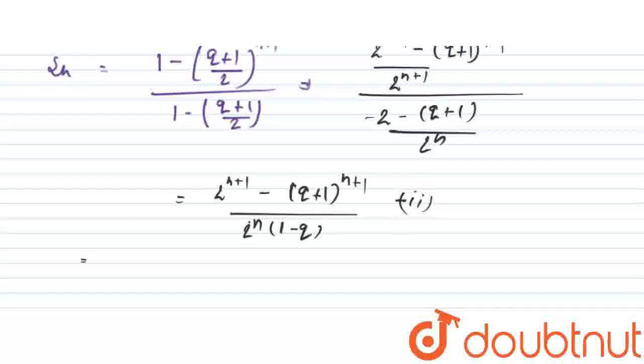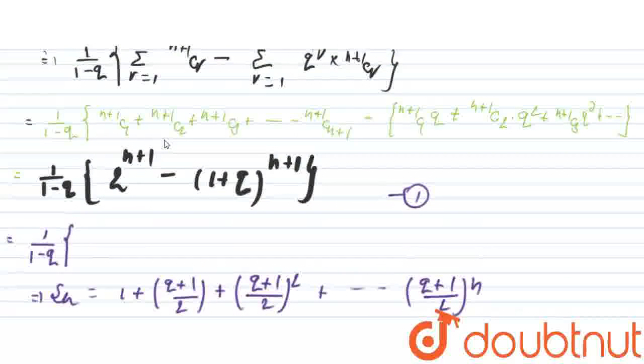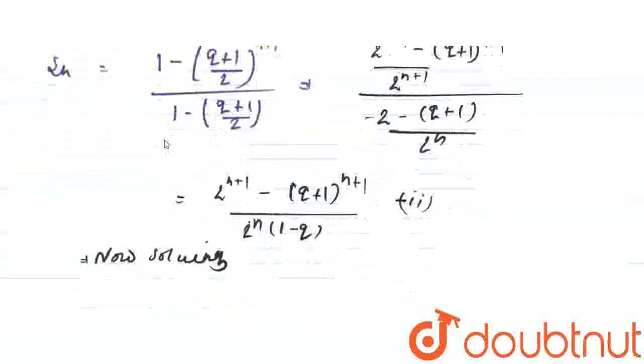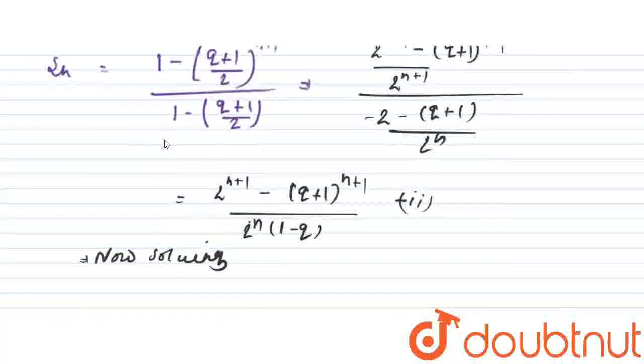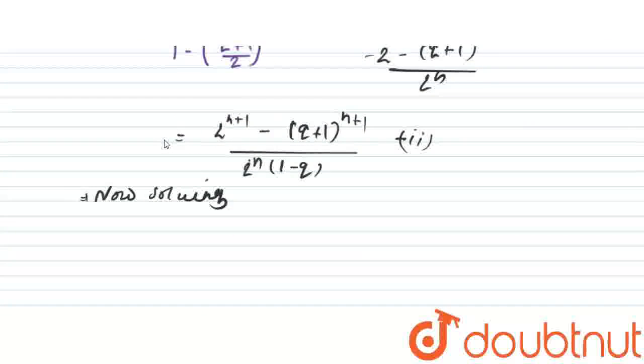Now solving these equations, you can compare this equation to this one, which is equal to 1 minus q. There is 1 minus q here, here 2 to the power n plus 1, there is 2 to the power n plus 1, and there is 1 plus q to the power n plus 1. So this is the same, and q to the power n is an extra term.